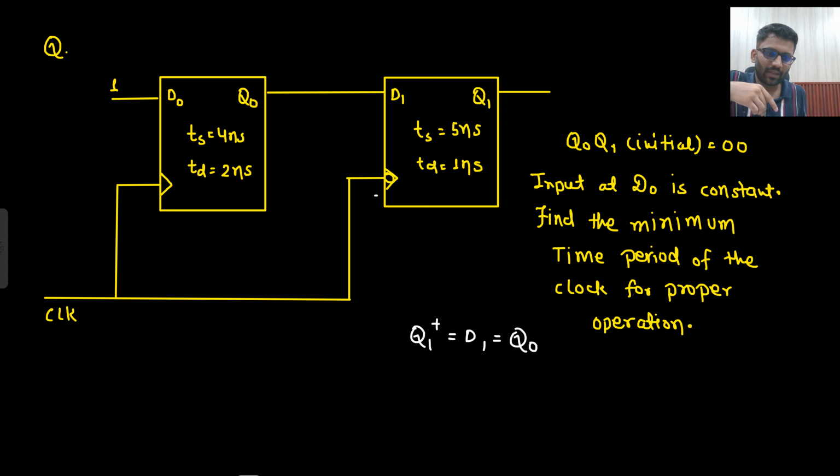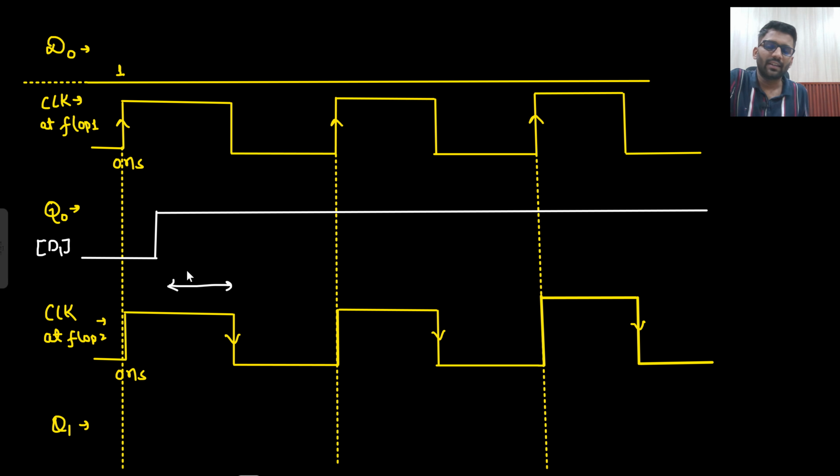So what is the given setup time? Given setup time is 5 nanosecond. Let's just say if this window is 4 nanosecond, then what I will see? That at this negative edge, this is 1, but I need to see till 5 nanosecond. I will go back and till 5 nanosecond my input should be stable. But if I go back 5 nanosecond, my input is at 0.